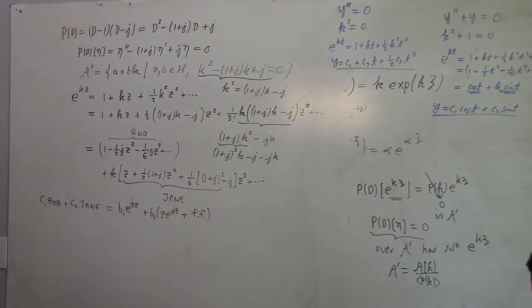Because the funny function in example 5.8 is the one that had the 1 plus j. Yeah. So, okay, fine.